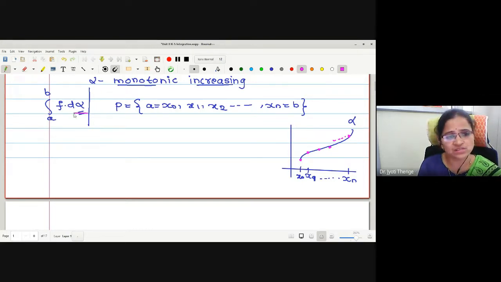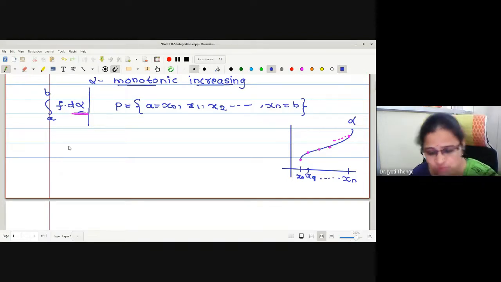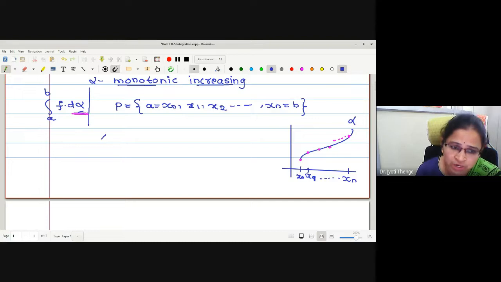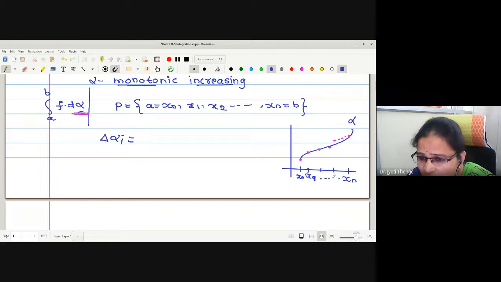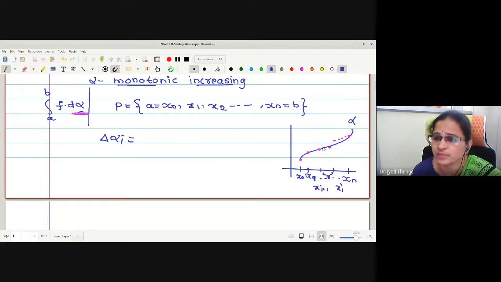As we are interested in finding the integration with respect to the function alpha, we need to find delta alpha i, which is the change in the alpha function values. What is delta alpha i? Somewhere here we have x i minus 1 to x i as the ith subinterval, and corresponding to this ith subinterval we have the values alpha x i minus 1 and alpha x i, both represented on this axis.